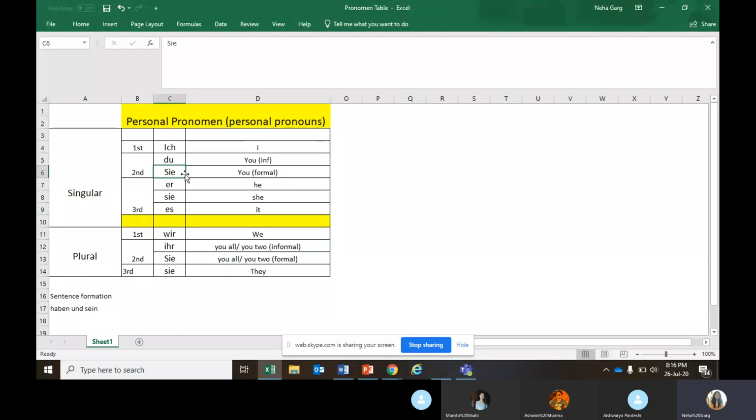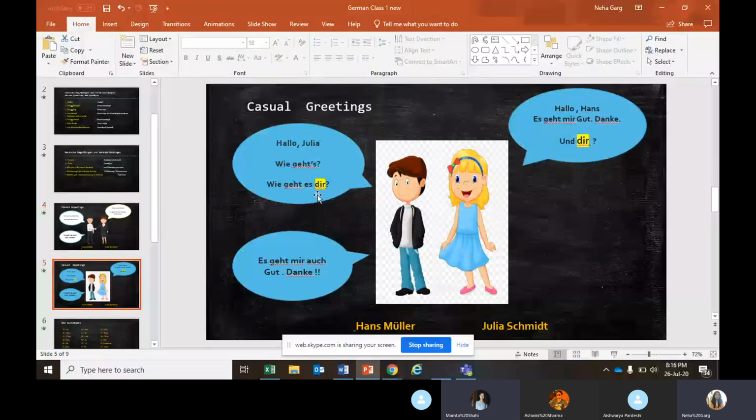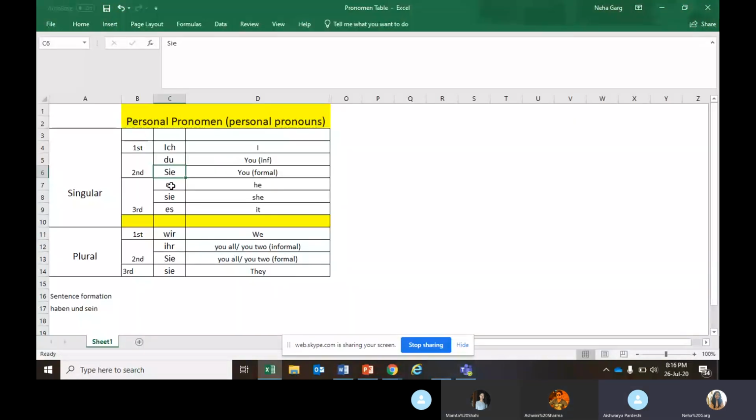But in a casual conversation, we were writing dear with small d. So when you are using second person singular in a formal way, it would be Sie with capital S.